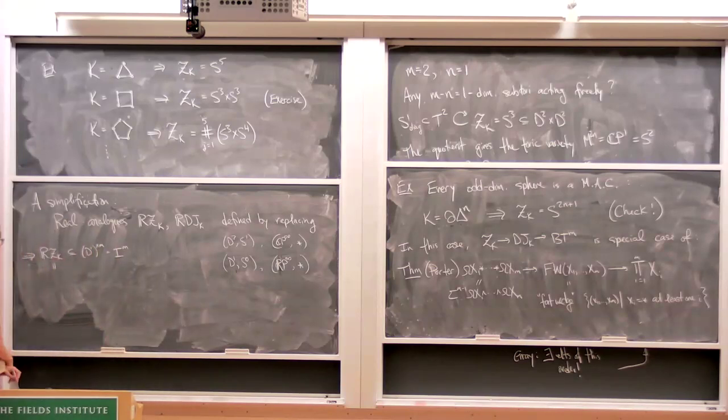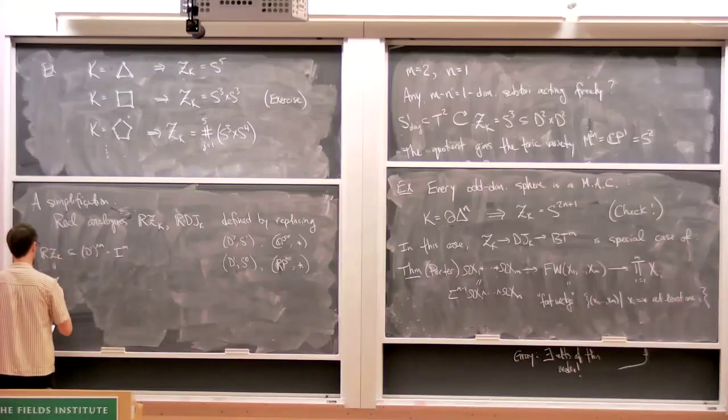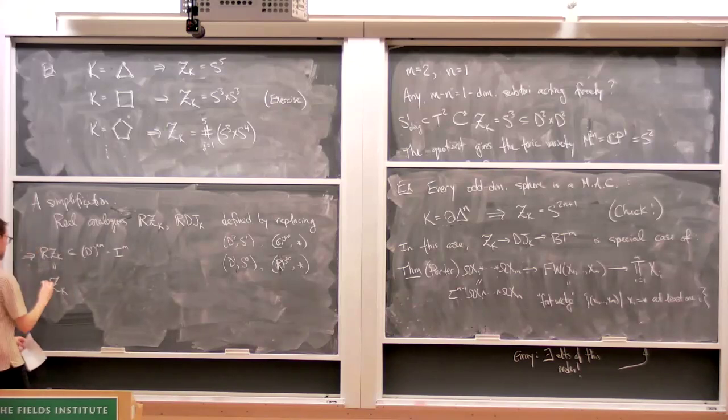Another way you can think of this is as the C2 fixed points of a certain complex conjugation action. So you could think of the ordinary moment angle complex with a C2 action given by reflection in the complex plane.